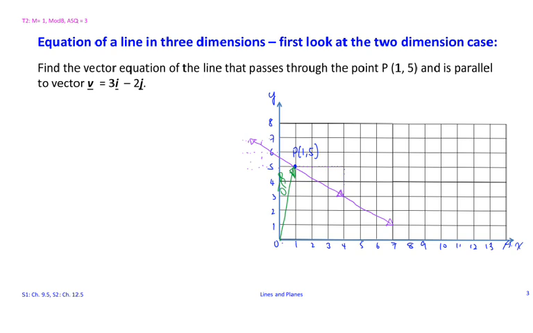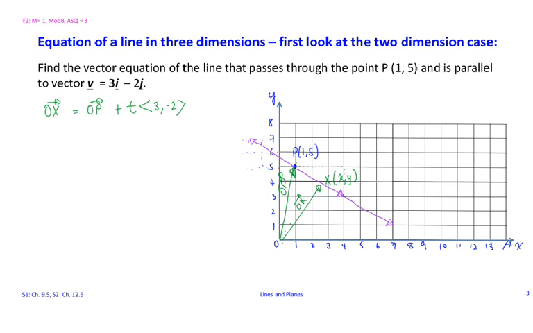Then any point on the line, say the point x, has position vector x, which is in fact OP plus some multiple of vector v.